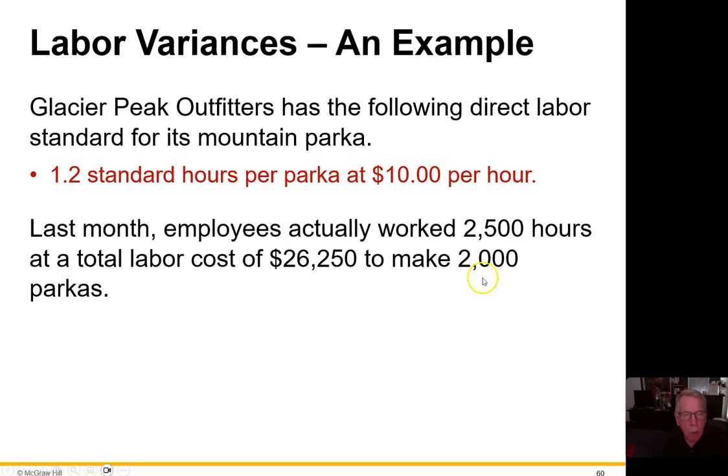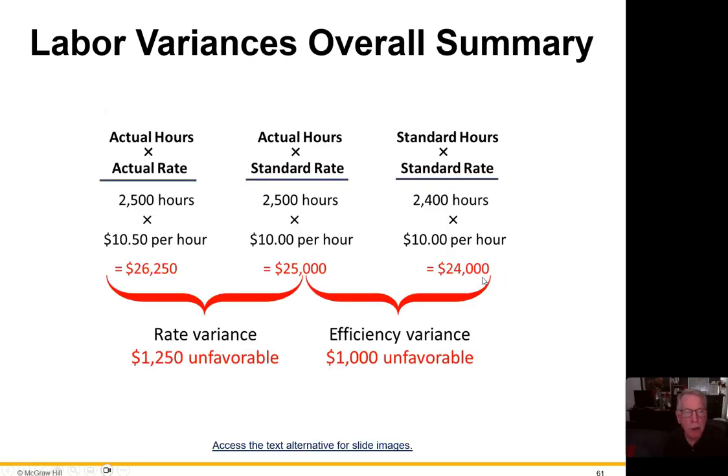If I multiply 1.2 times 2,000 parkas, I get 2,400 hours at standard. Then my standard wage rate is $10 per hour. So now I can calculate my rate variance, sometimes called price variance for material, and our efficiency variance. Both are unfavorable. So in total, my spending variance is $2,250.